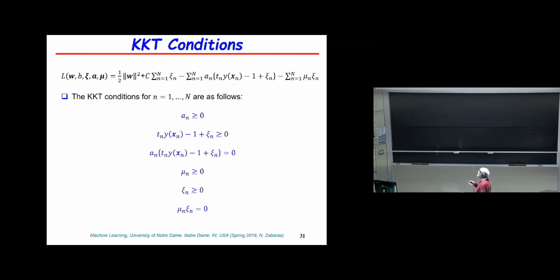It requires a little bit more algebra, but what points will have alpha n not equal to 0? Because using this equation, either alpha n is going to be equal to 0, or this is going to be equal to 0. So tell me for what points n you think this parenthesis is going to be equal to 0.